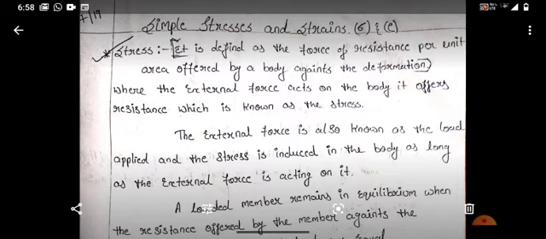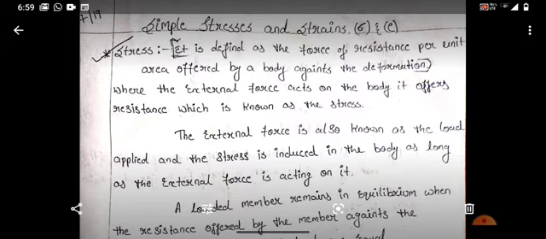That resistance, what it is withstanding or offering for the external force, that resistance per unit area is known as the stress. So the external force is known as what?